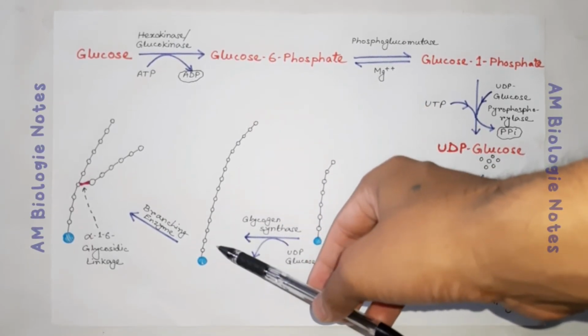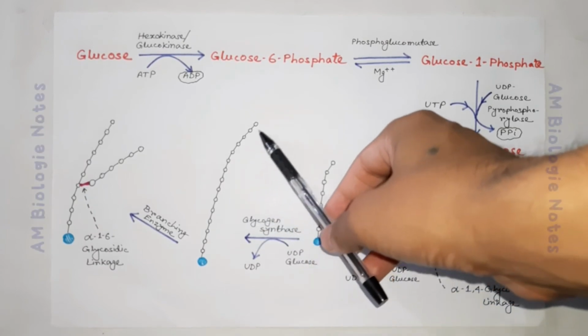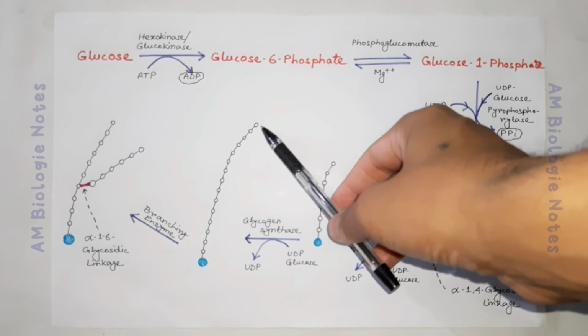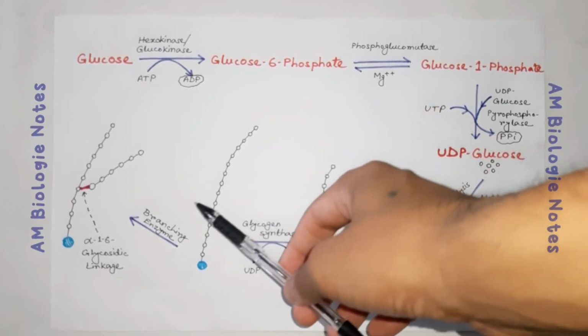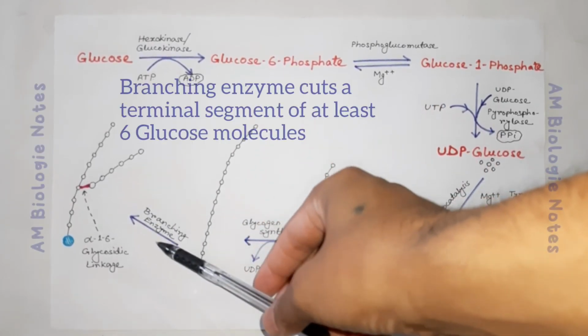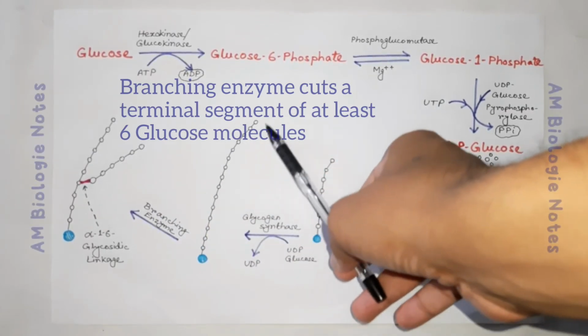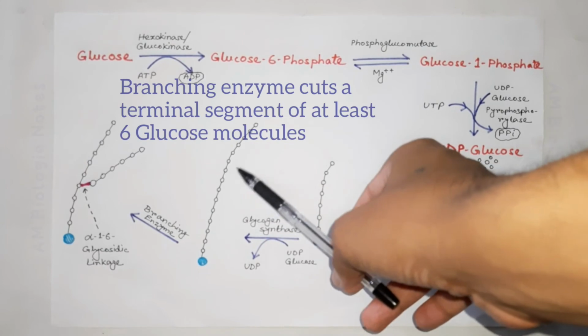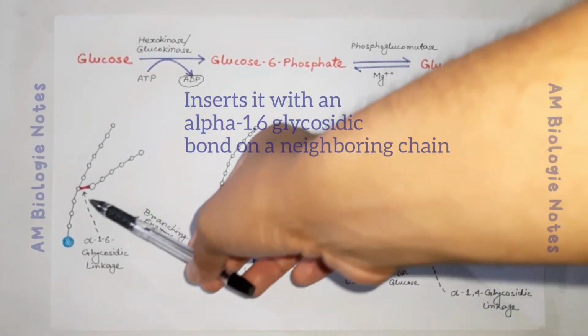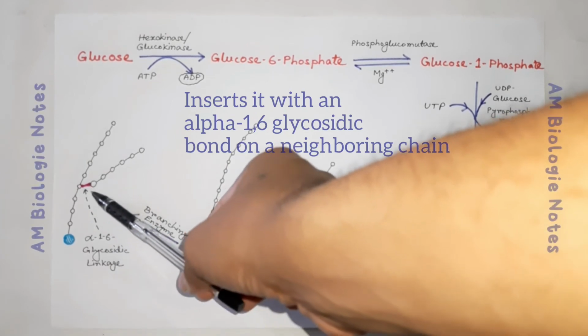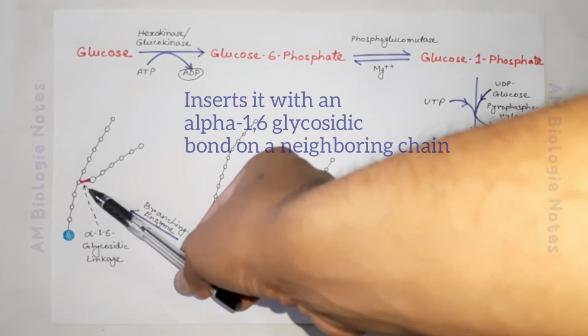When glycogen synthase has built a glycogen chain of 10 or more glucose residues, then another enzyme, known as branching enzyme, cuts a terminal segment of at least 6 glucose molecules and inserts it with an alpha 1,6 glycosidic bond on a neighboring chain.